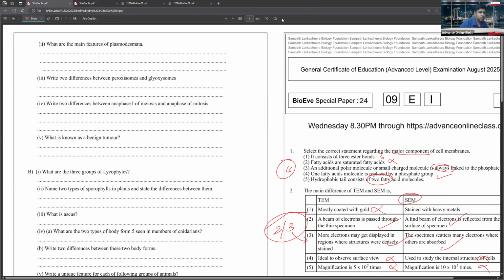What are main features of plasmodesmata? What are you going to write, people? They are microscopic channels which run through the plant cell wall.